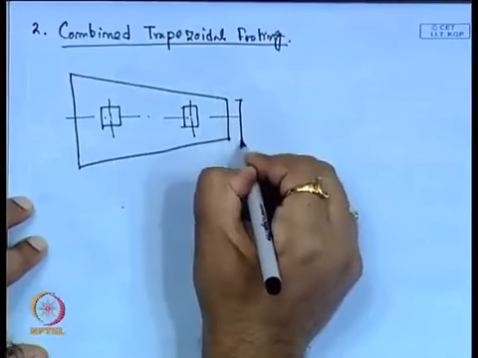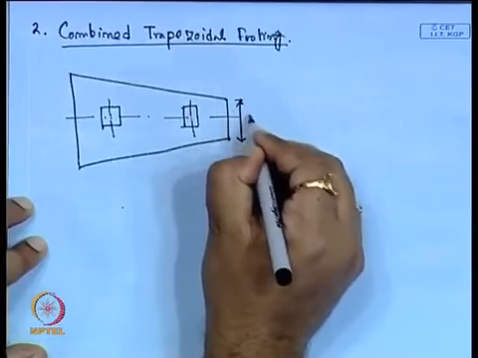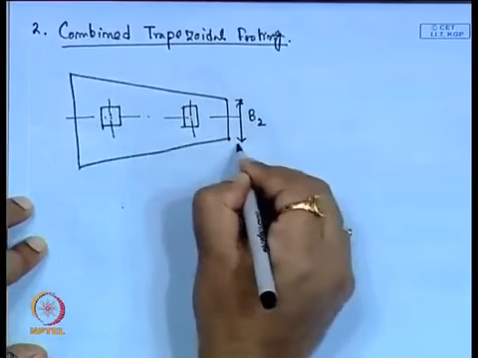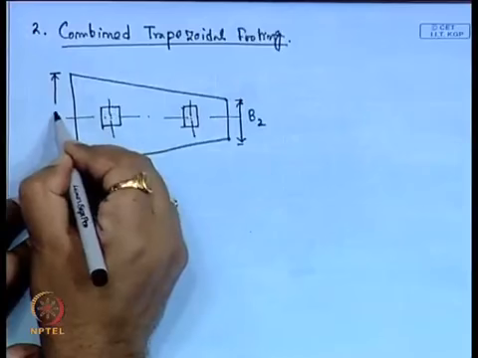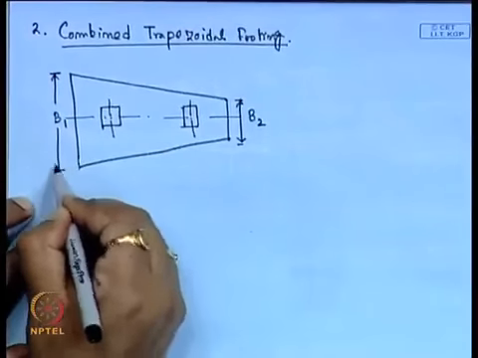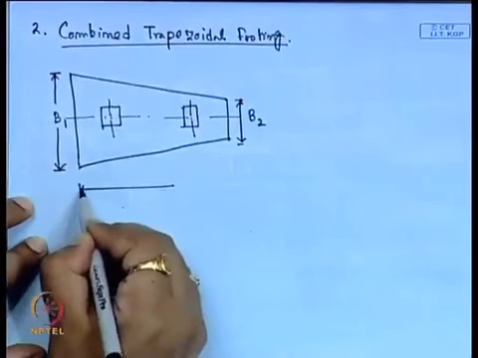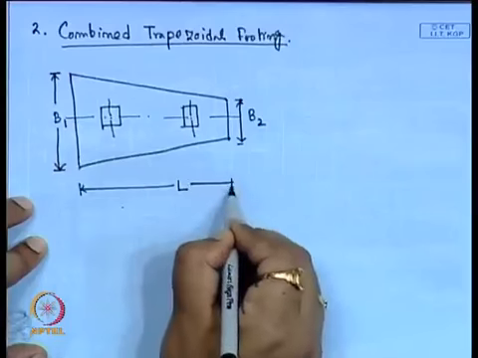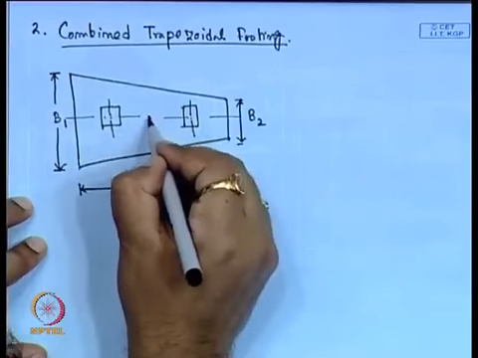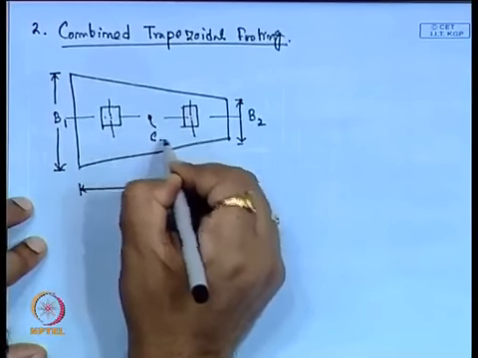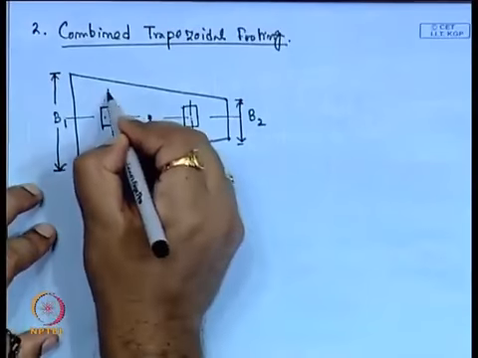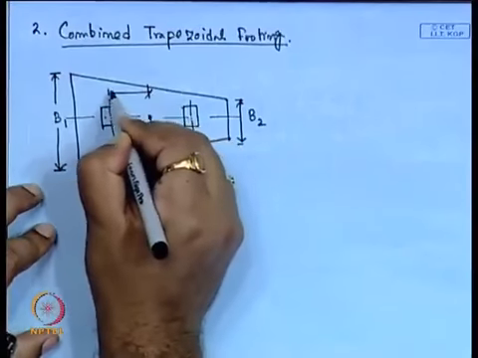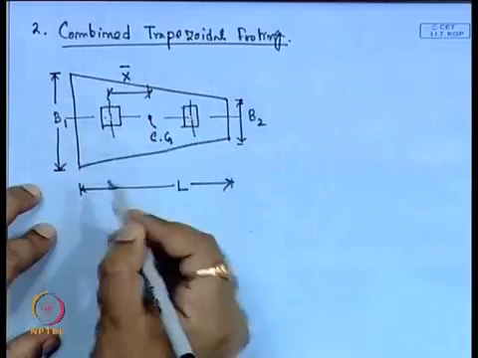Suppose this side is B2 and this side dimension is B1, the total length is capital L, and this is the CG of the trapezoidal footing, and the CG to first column distance is x bar.